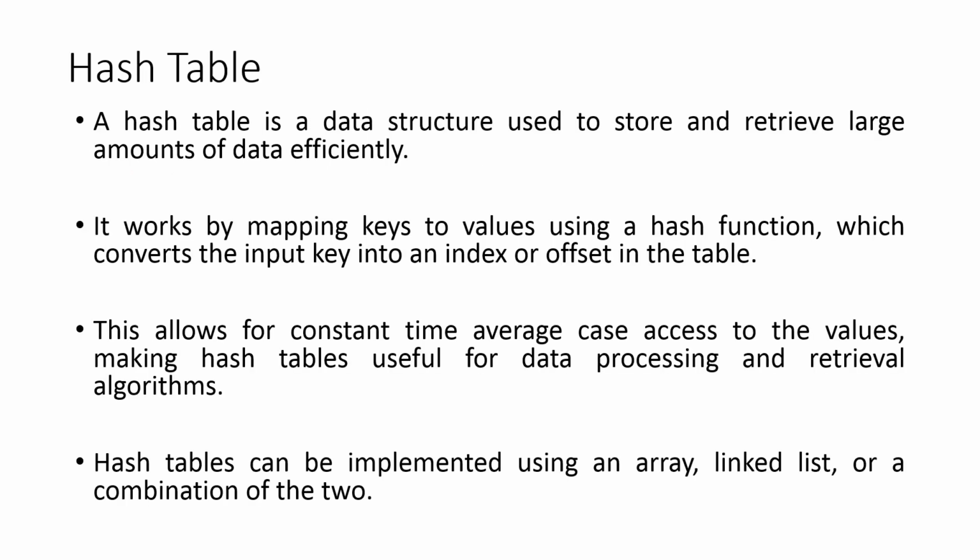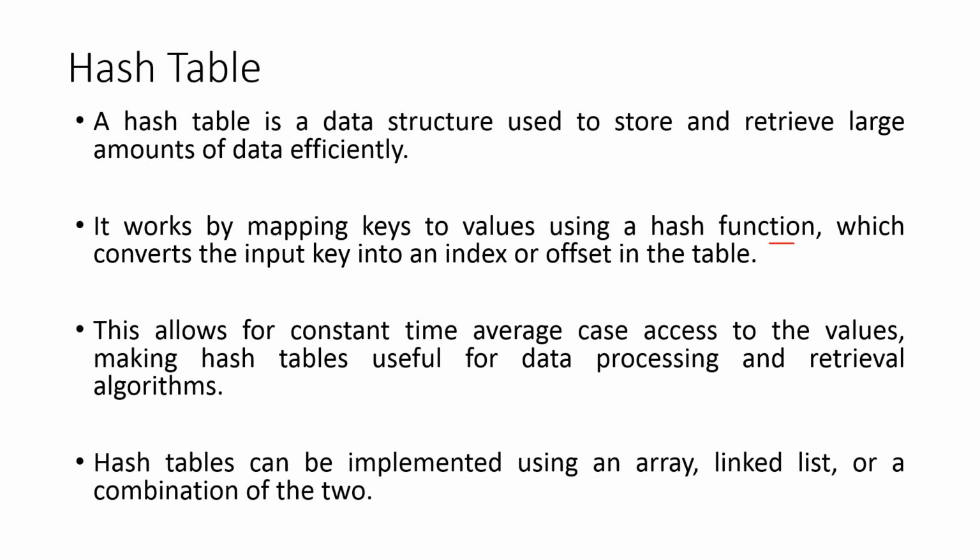Now let us see what is a hash table. Actually, a hash table is a data structure and it is similar to an array. We know that arrays have an index, with which we identify the location, from 0 to n-1, right? So a hash table is a data structure used to store and retrieve large amounts of data efficiently. It works by mapping keys to values using a hash function, which converts the input key into an index or offset in the table.